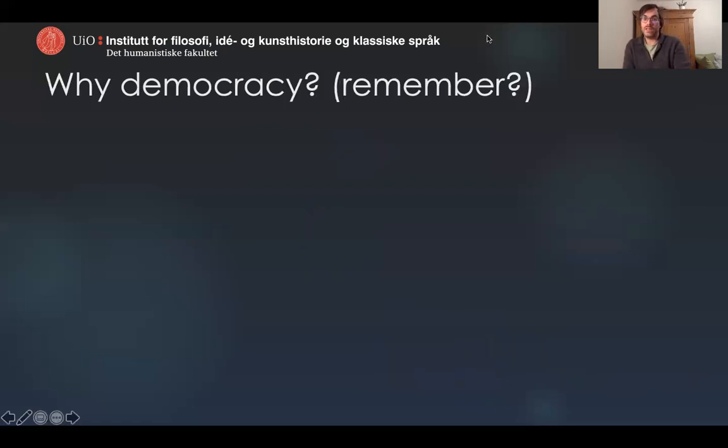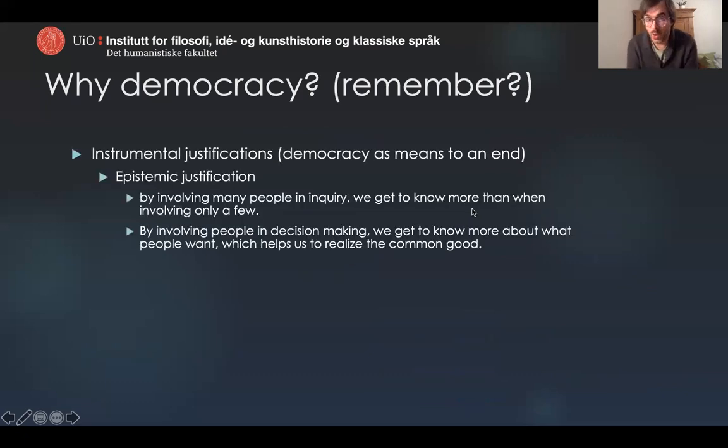So now, to answer this question, let's remind ourselves of why democracy was a good thing. What are the arguments for democracy? We've heard that, on the one hand, there are instrumental justifications for democracy, where democracy functions as a means to an end. One idea, for example, was an epistemic justification for democracy. By involving many people in decision making, maybe we could get to know more than we would if we involved only a few.